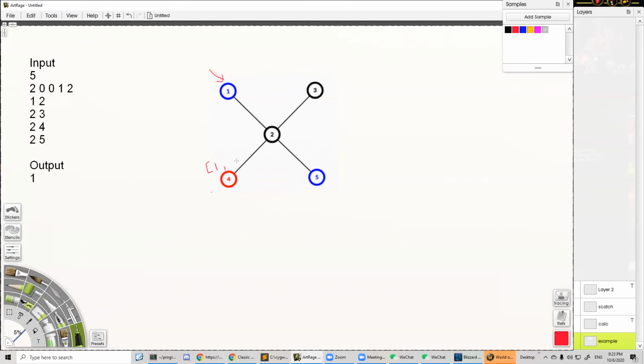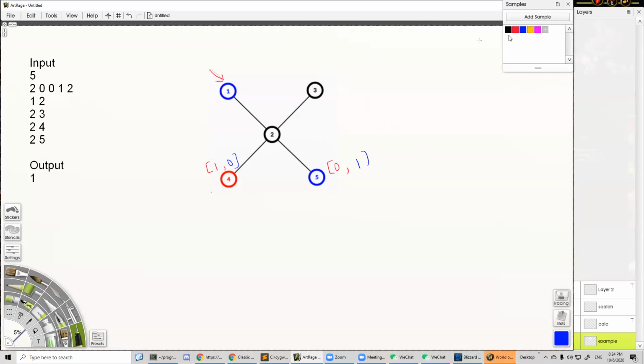And the counter of blue nodes is 0. And for this guy here, the counter of red nodes is 0. Obviously, this subtree doesn't have any red node. And the counter of blue nodes is 1 because this guy is blue, right?